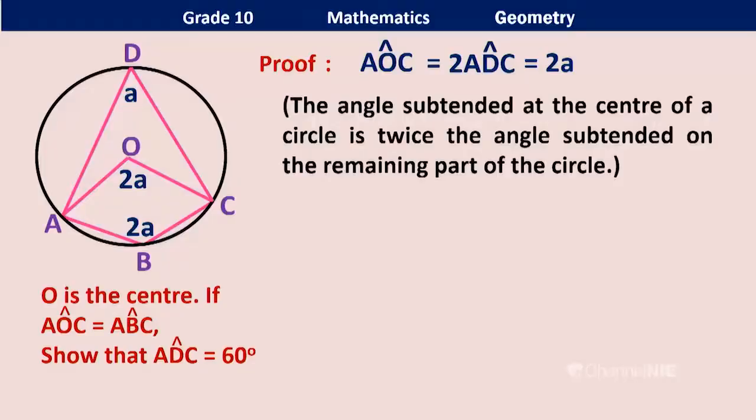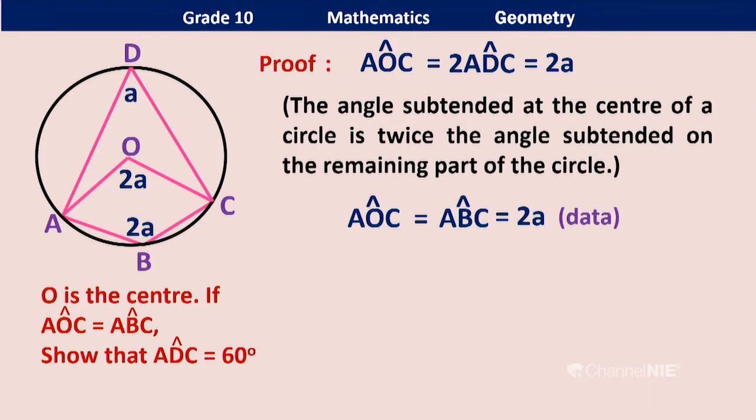Therefore, angle ABC is also equal to 2A. So, we can write it, angle AOC is equal to angle ABC, that is equal to 2A. The reason is it is data, or else you can write it as given.